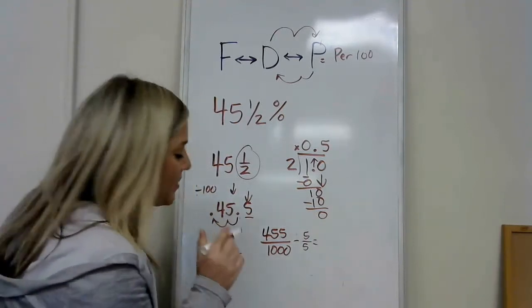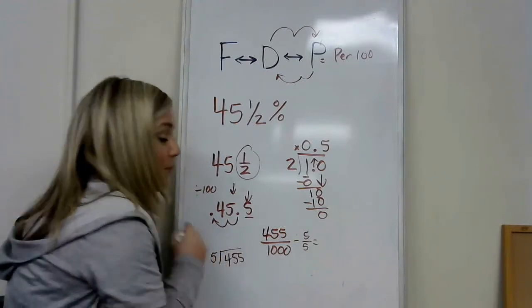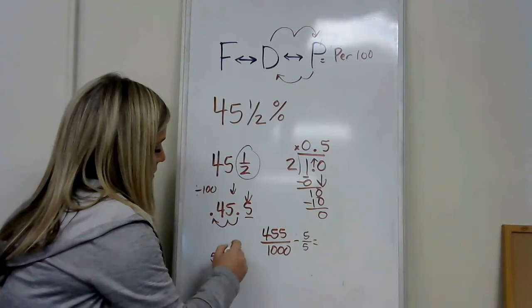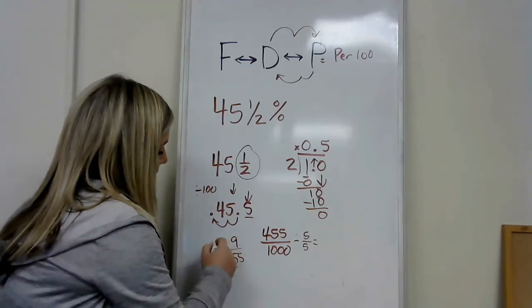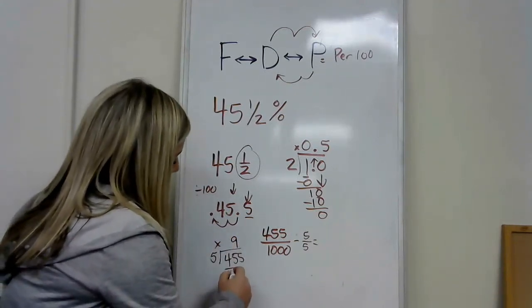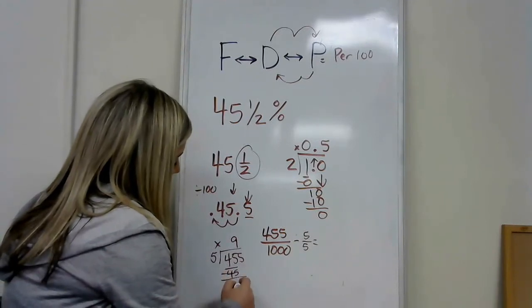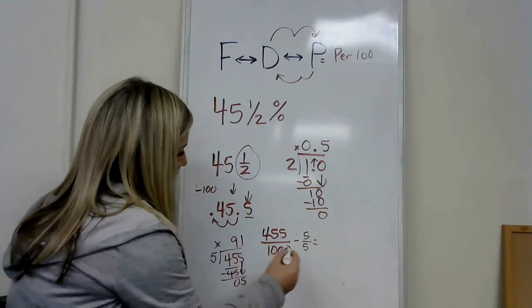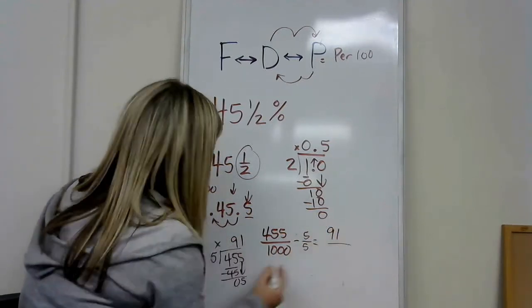We're not going to do that. Okay, I'm going to go quick on this. So 5 will not fit into 4, but it will fit into 45, and it will go 9 times. 9 times 5 is 45. And that's 0. Bring down the 5. 5 goes in 5 one time. So we have 91.